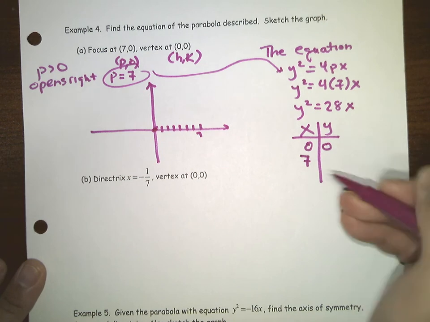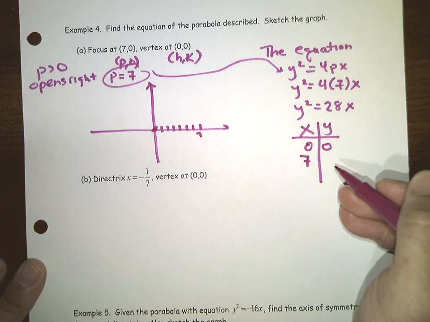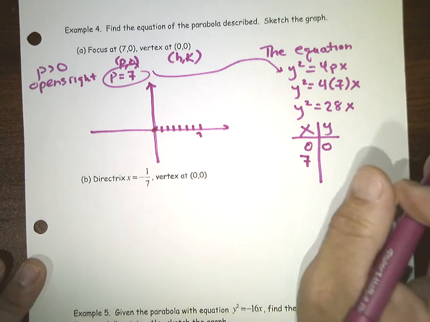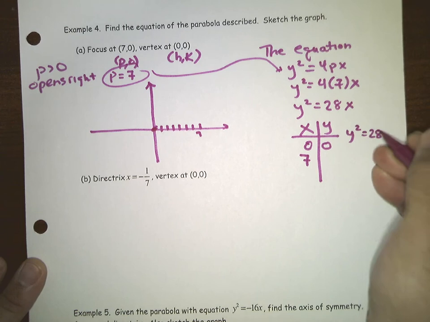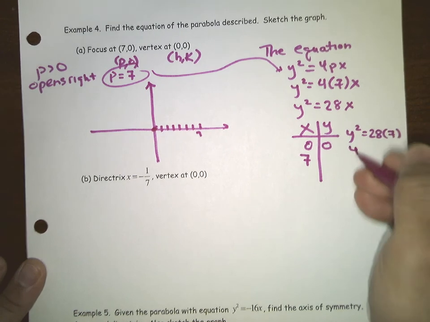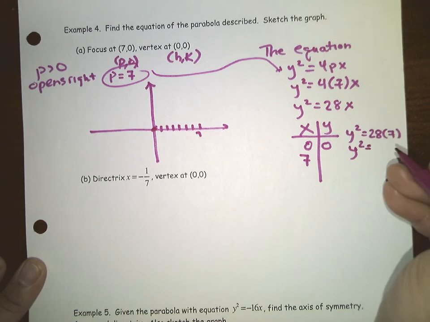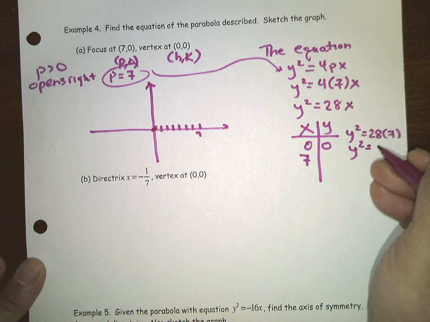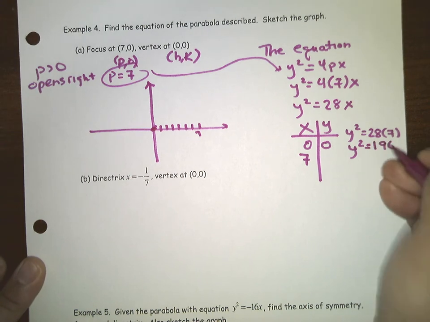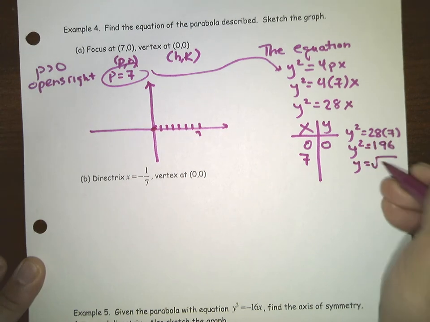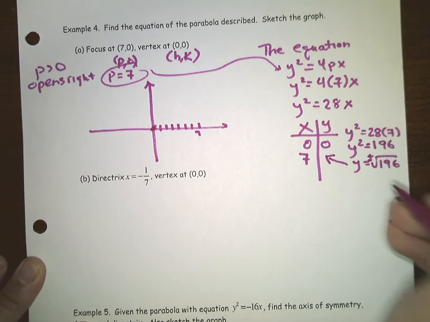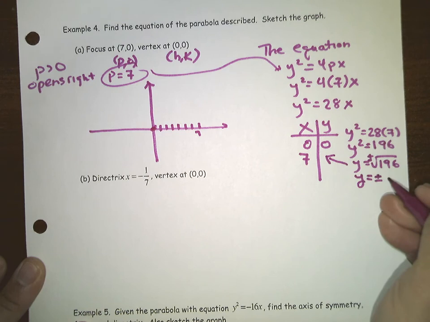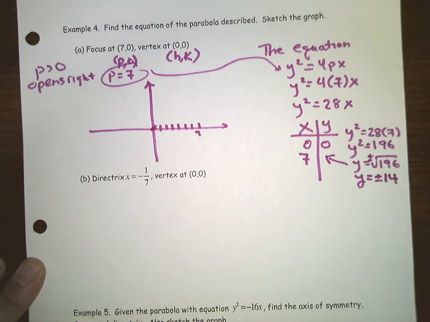But if I pick 7, then y squared is equal to 28 times 7, and 28 times 7 happens to be 196. So y is equal to plus or minus the square root of 196, so y is equal to plus or minus 14.